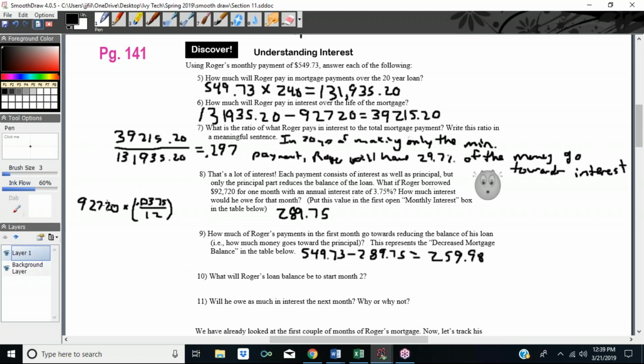It would be $92,720 minus the $259.98 would be the new balance on his mortgage. And it is $92,460 and 2 cents.